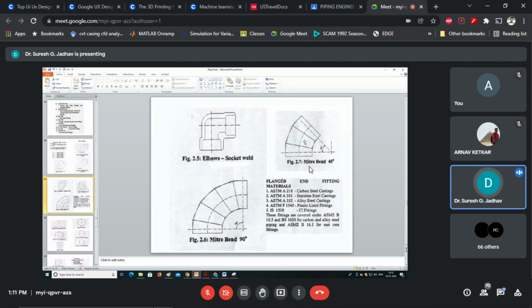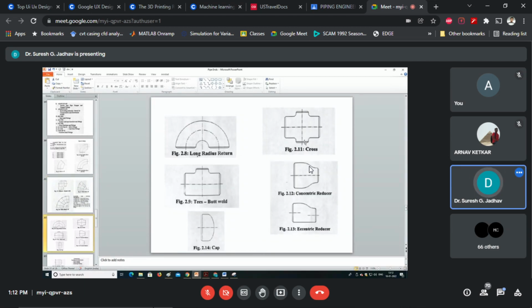These fittings are covered under ASME B16.5 and British Standard 1650 for carbon and alloy steel piping, and ASME B16.1 for CI fittings. So with the help of these standards, we can consider flange and fitting materials and use them in piping industries.